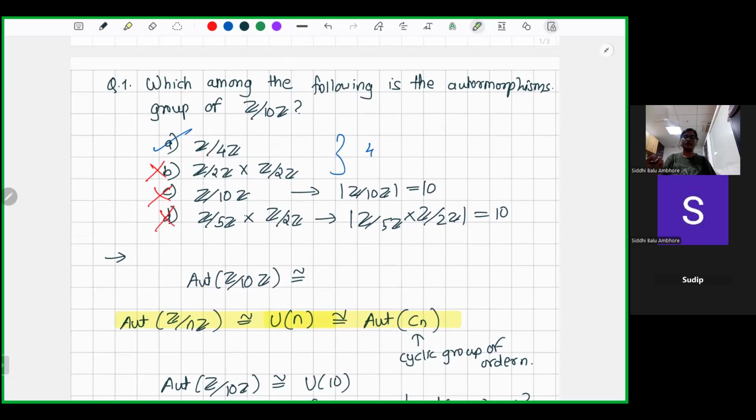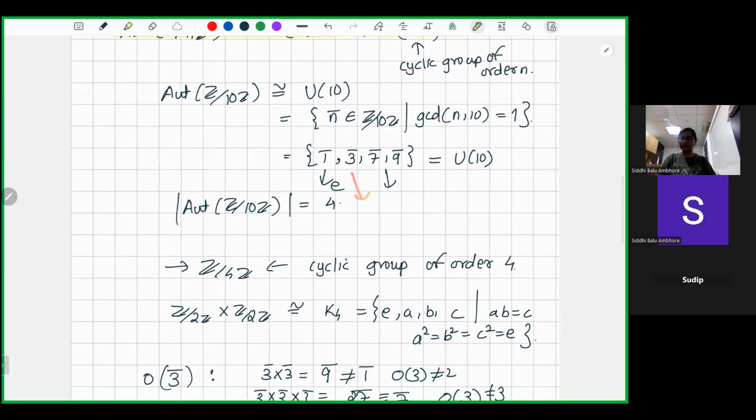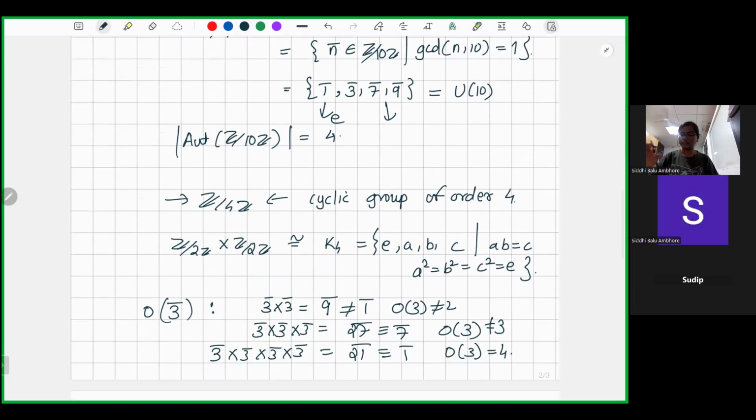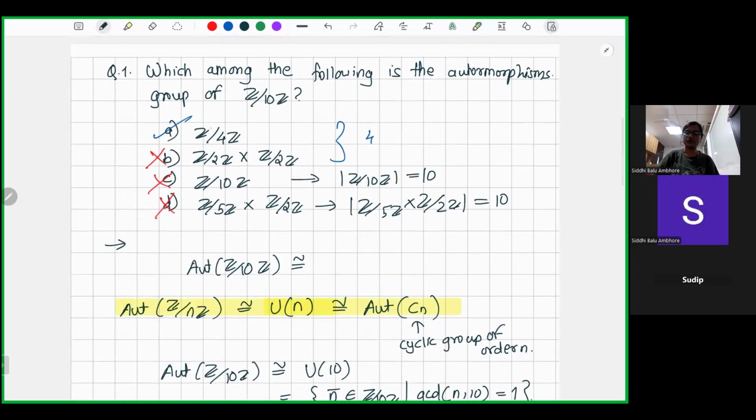We saw that there exists an element 3 which has order 4. Since this is also a group of order 4, it is a cyclic group generated by this element 3. This is a cyclic group of order 4, and that's why it is isomorphic to Z4.